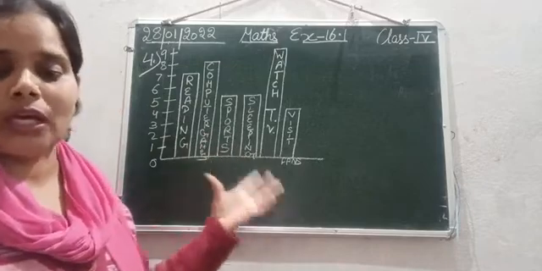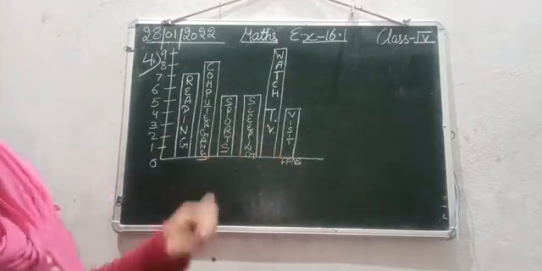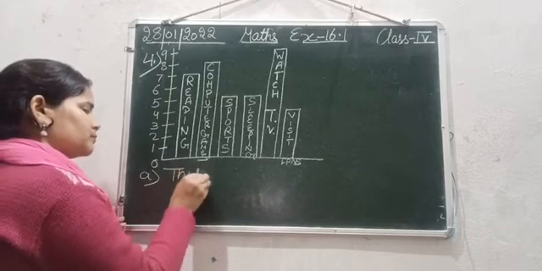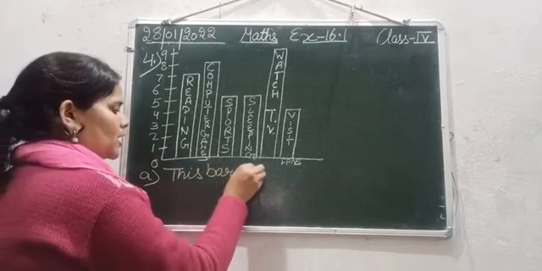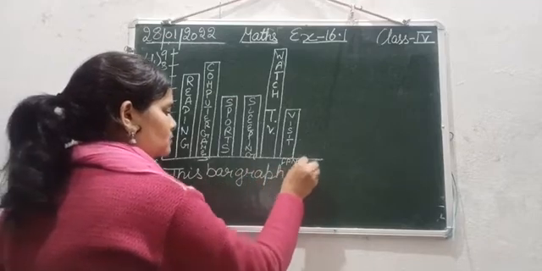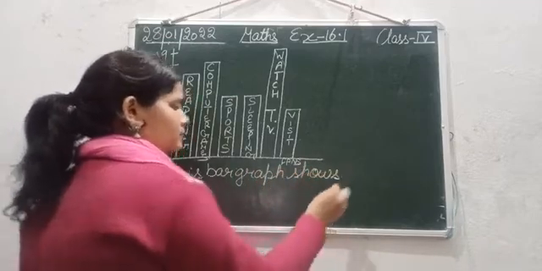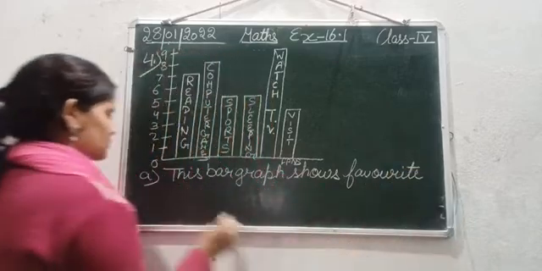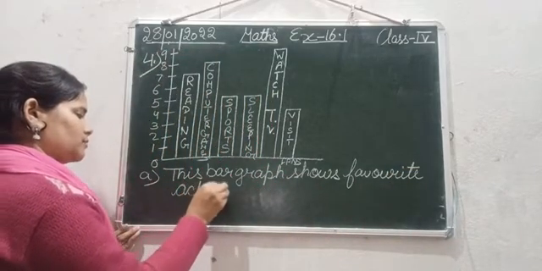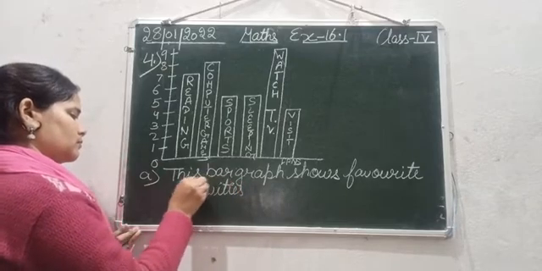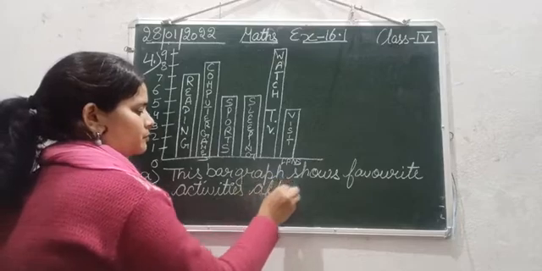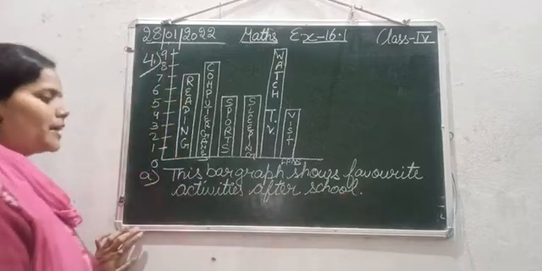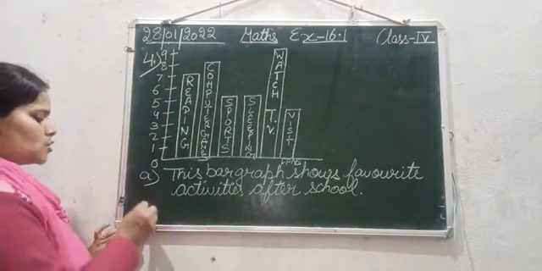So this bar graph is showing the favorite activities after school. तो लिखिए, the answer for A is, this bar graph shows favorite activities after school.